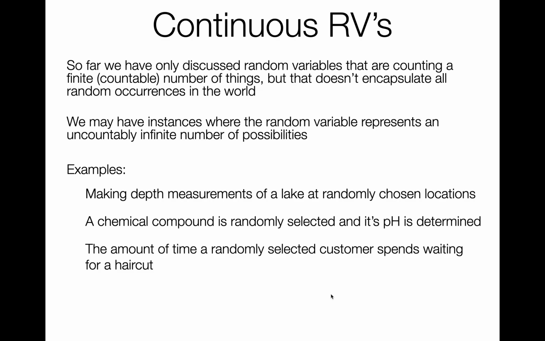All of these situations are examples of continuous random variables. Theoretically, the outcomes of making these measurements are an uncountably infinite number of possibilities.